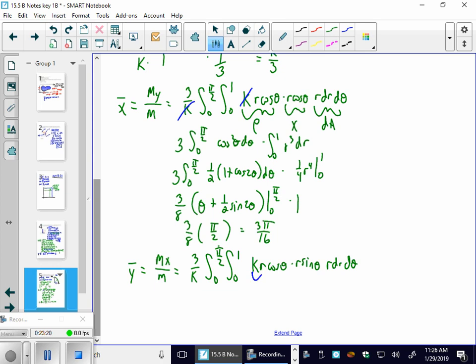So again, here is rho, here is y, and this is your dA. Once again, you can separate these things, which is nice, and you're going to have one with theta where you've got cosine theta, sine theta. A very simple u substitution should get rid of that. And what you should end up with here is 3/8. So your x bar, y bar, in this case, is going to be 3 pi over 16, 3/8.